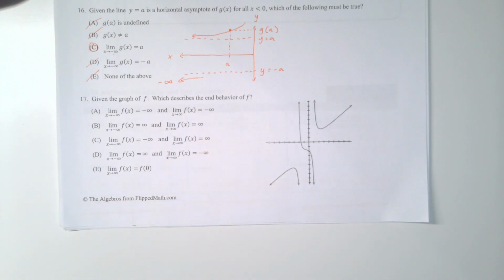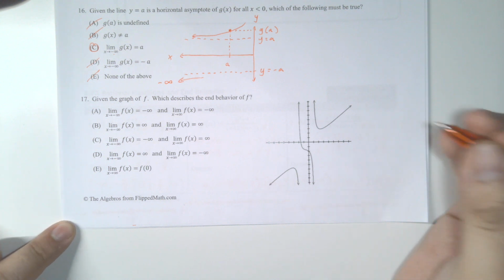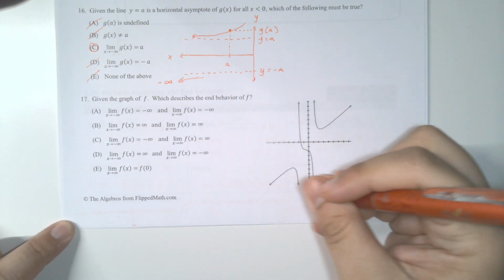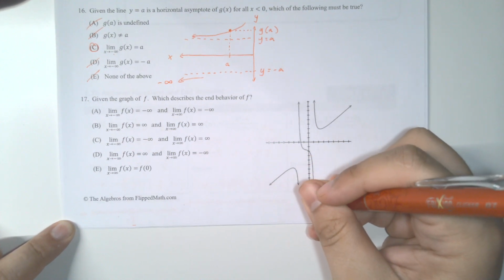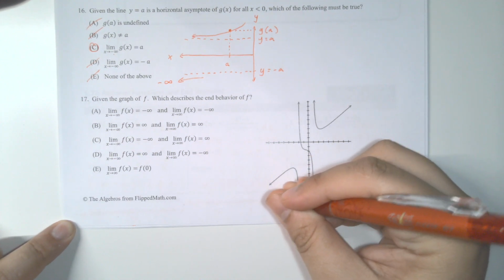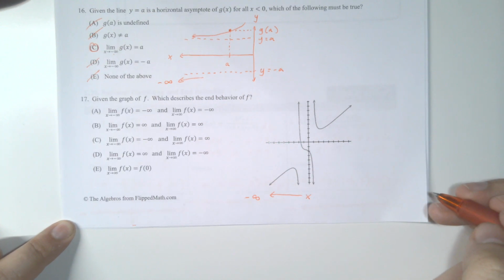And so question 17, this is pretty similar to our polynomials, describing the end behavior that we had for those. So we want to figure out what happens to our function as x goes towards negative infinity. Well, what is our function doing?